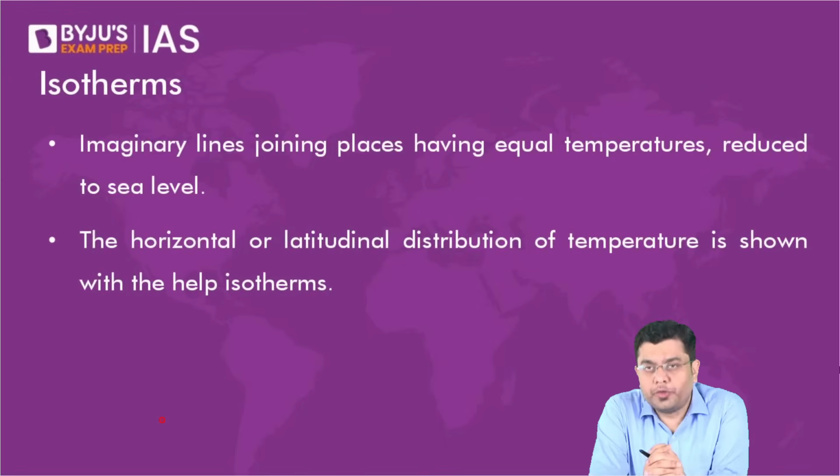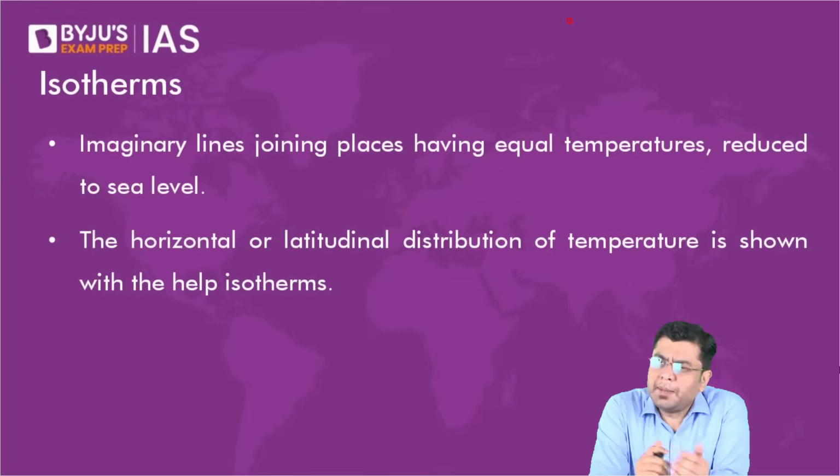What is meant by isotherms? Let's suppose you are tasked with maintaining a record of temperature distribution in various different areas. Now, how do you maintain that record? Will you end up marking each and every place and maintaining a temperature in the bracket nearby?